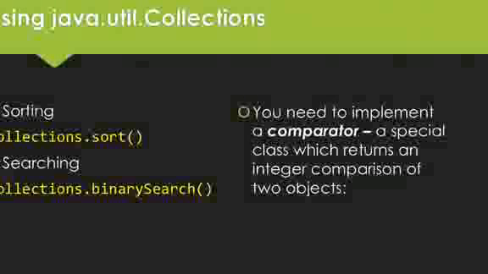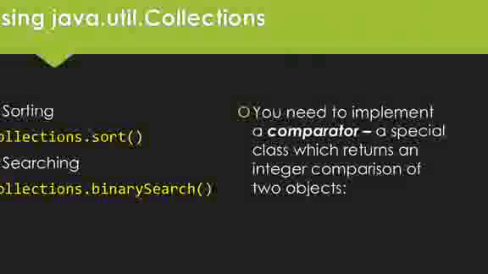So in Java Util Collections, we're going to look at two methods. One is called collections.sort, which you can use to sort an array list. And the other is called collections.binarySearch, which you can use to find a value in an array list. The interesting thing about doing a binary search is it's really fast, but it needs a precondition.